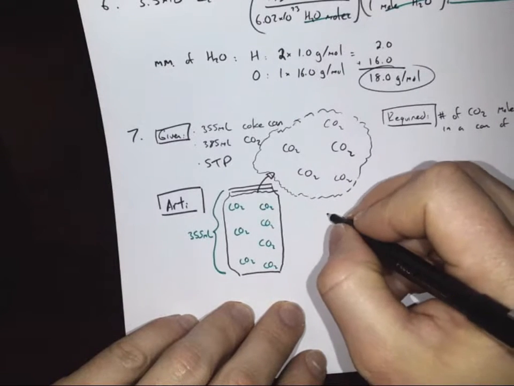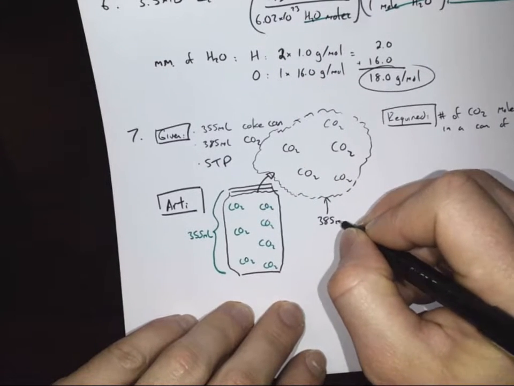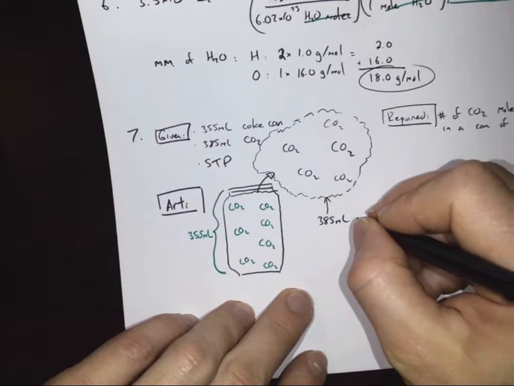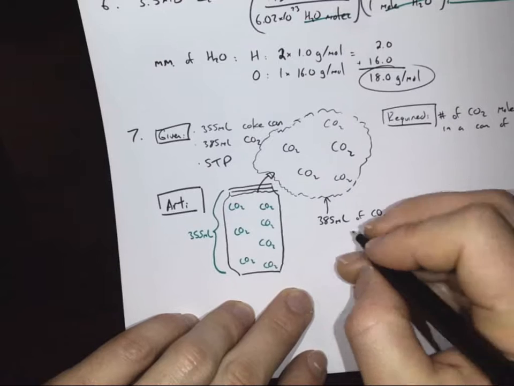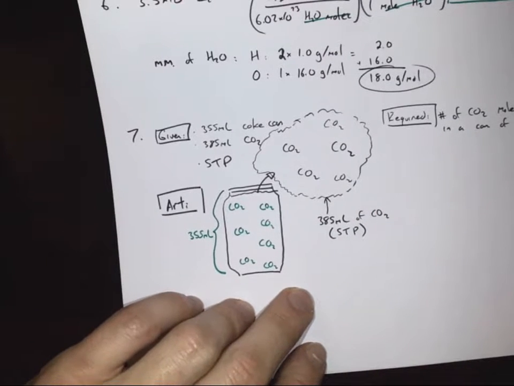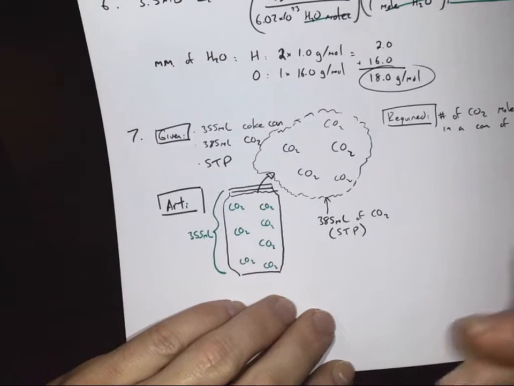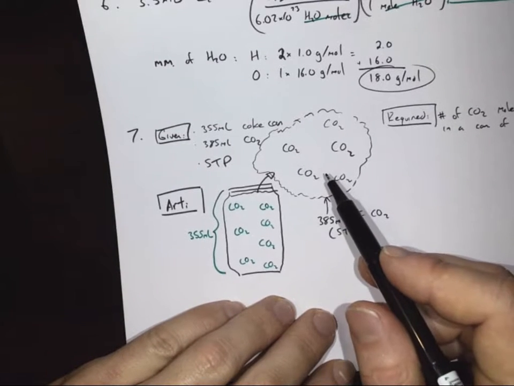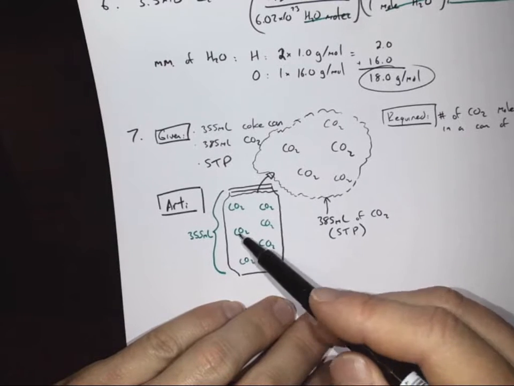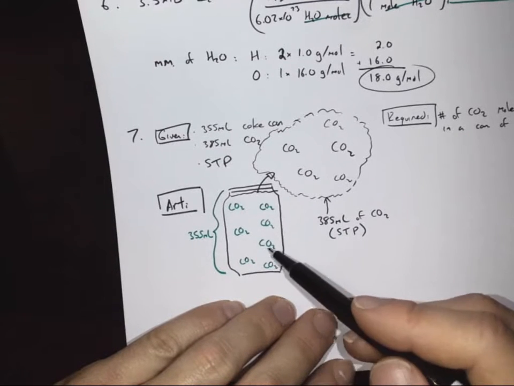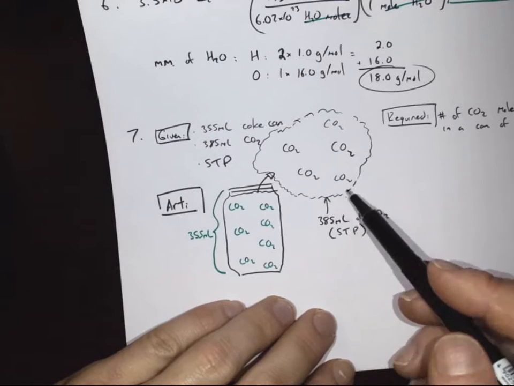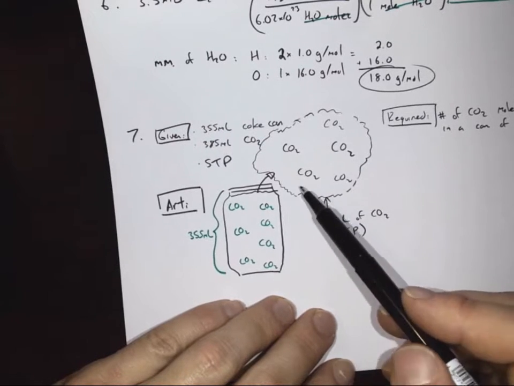And that is 385 ml of carbon dioxide, and that's only considering we're at STP. So that helps me picture what's going on here. What if I'm looking for the number of carbon dioxide molecules in an unopened can of Coke? I'll need to start with this value, because this is the value about the carbon dioxide.